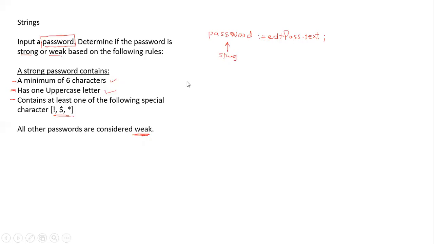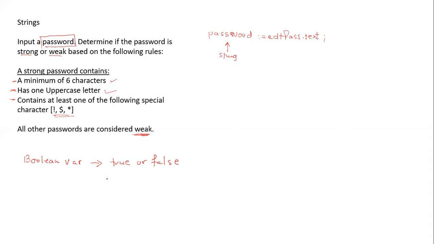So the technique that's going to be used in solving this problem is making use of Boolean variables. And just to quickly recap, a Boolean variable is one that contains the value true or false. True and false is understood by Delphi.